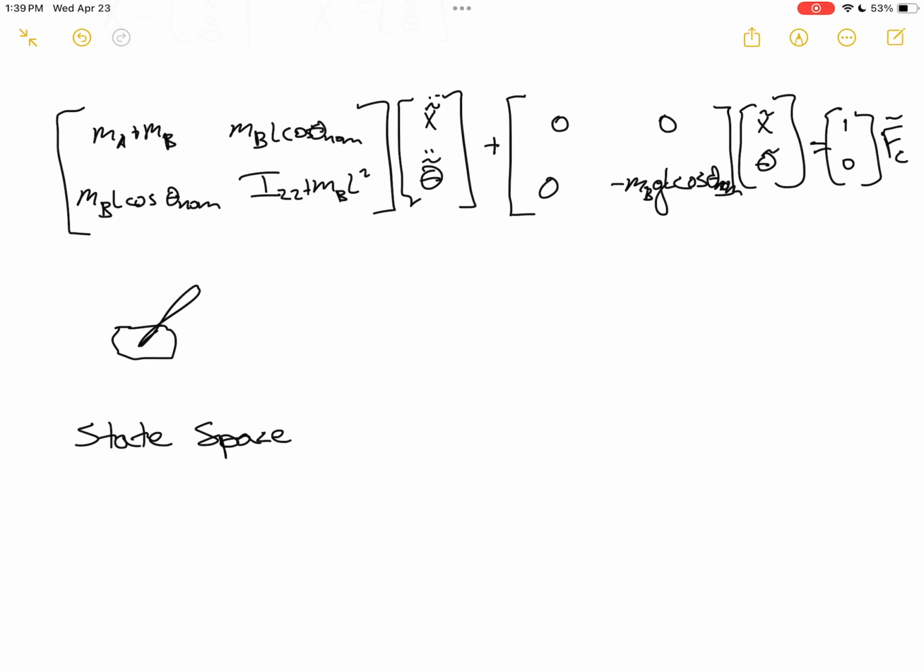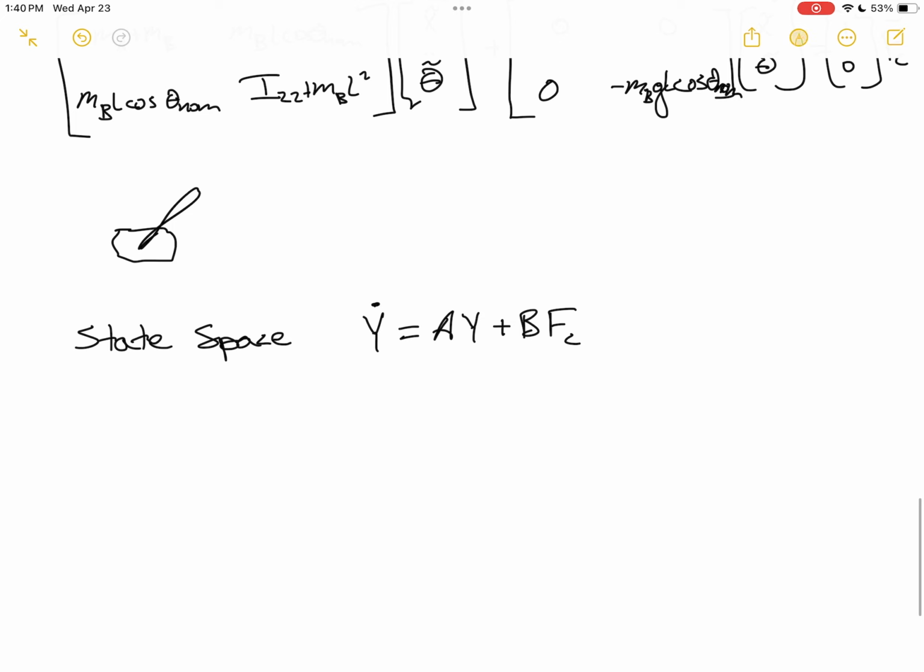So we'll express it in state space, first order, with y dot equal to a matrix A times y, and then because it's inhomogeneous, we'll add some vector B times f_c, where y is equal to x tilde, theta tilde, x tilde dot, theta tilde dot.